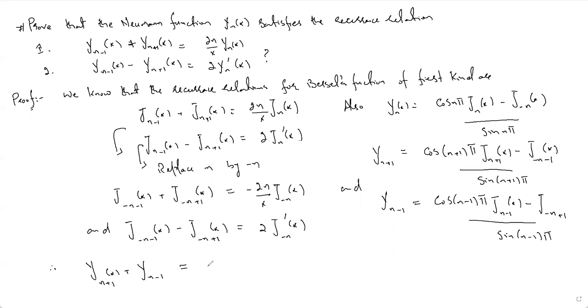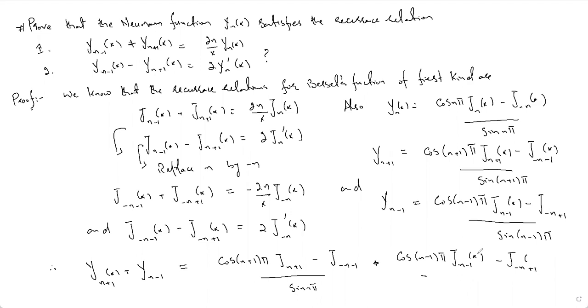This will be equal to cos of n plus 1 pi, Jn plus 1 minus J minus n minus 1, divided by sine of n pi, plus cos of n minus 1 pi, Jn minus 1 minus J minus n plus 1, divided by sine of n minus 1 into pi. Is it okay?